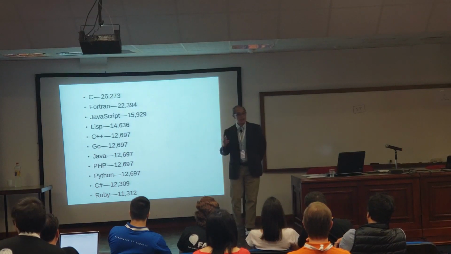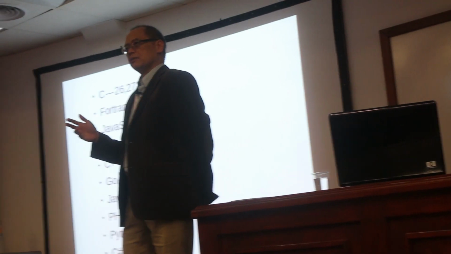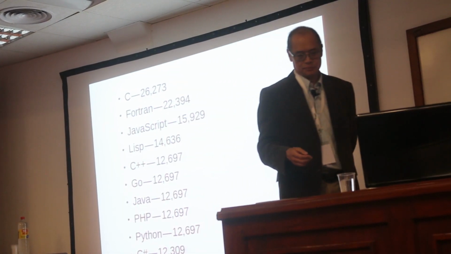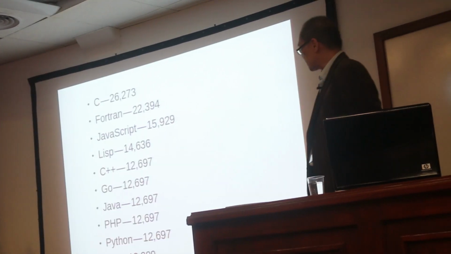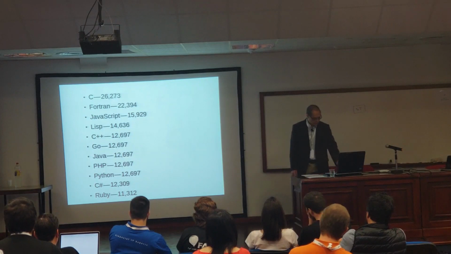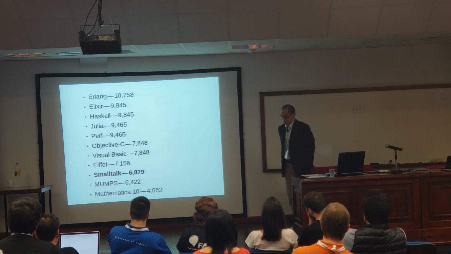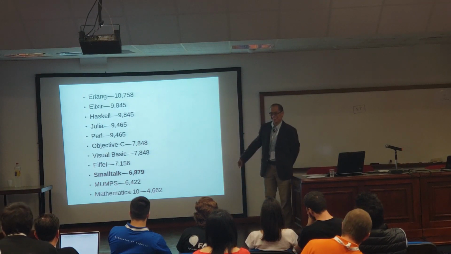JavaScript is a very hot language currently, but not as productive as web developers claim. Ruby is fairly productive. So is Objective-C, but very few are as productive as Smalltalk.